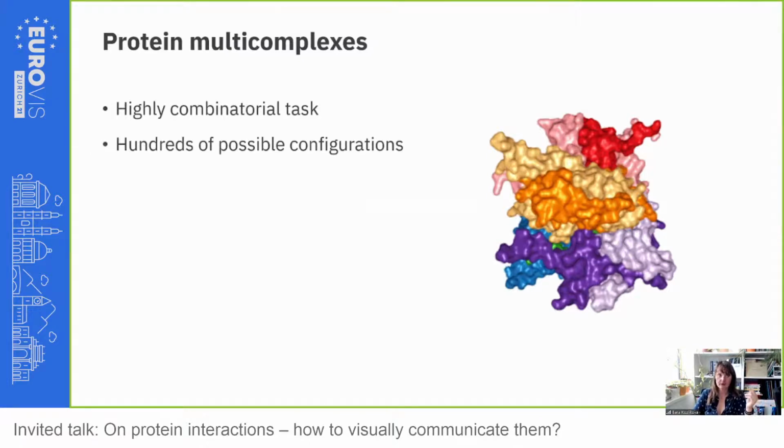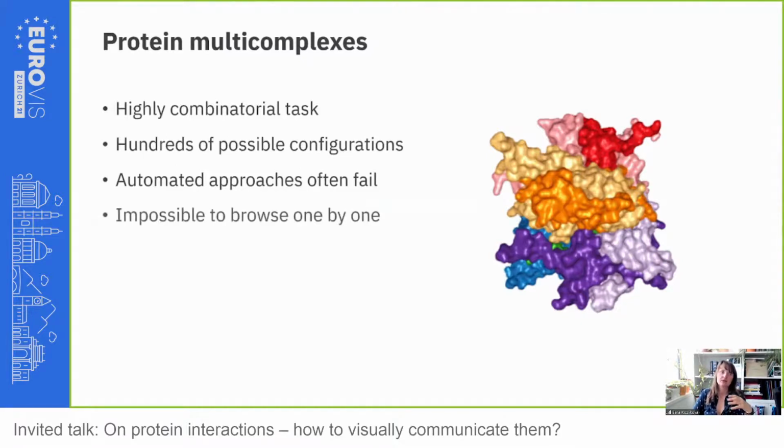And the automatic approaches are often failing, because there are really many parameters and features which need to be taken into account for deciding if a particular configuration is feasible or not. So again, same story as in the previous case, it's impossible to browse them one by one. So we need to come up with some solution.